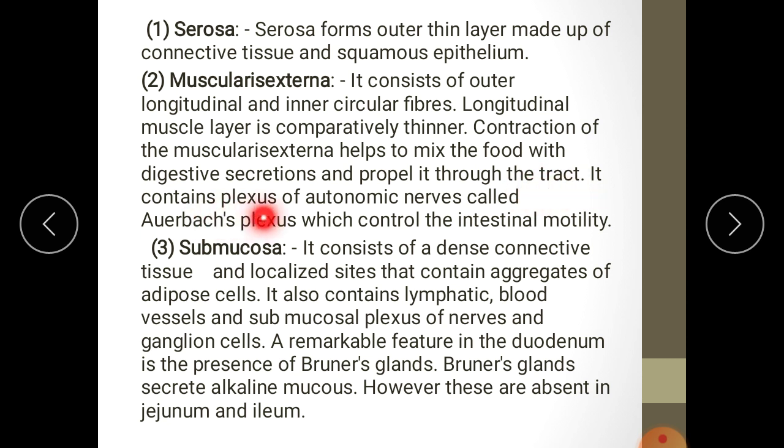It contains plexus of autonomic nerves called Auerbach's plexus, which control the intestinal motility. Intestinal motility is controlled by Auerbach's plexus, nerve plexus. Clear? This nerve plexus is present in the muscularis externa. So muscularis externa is made up of smooth muscles, and they are arranged in two patterns. The outer layer is longitudinal muscles, inner layer is circular muscles.